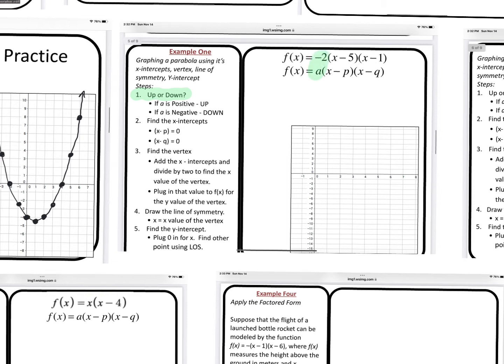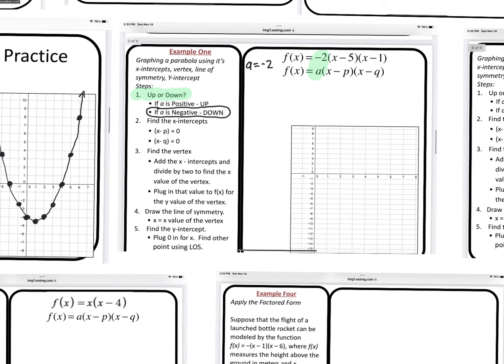And so we have the numerical value that is in front of the parentheses. Remember, the numerical value in front of the parentheses is going to decide whether it goes up or down. And so A, in this case, is a -2, and so therefore we know that this parabola is going to face down.